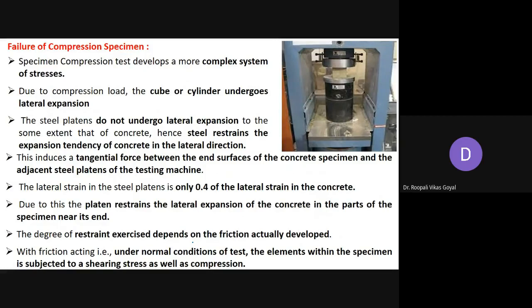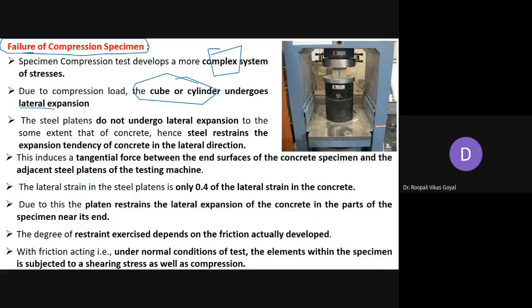Now how the failure of a compression specimen takes place is very important, because it is affected by a few parameters. Basically this compression test develops a very complex system of stresses. It's not that easy, that if we apply compression then the whole specimen is just in compression. Due to compression load, either cube or cylinder will undergo lateral expansion.